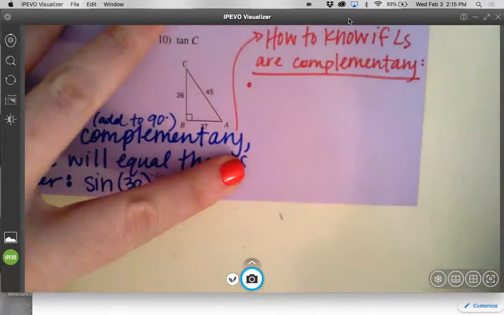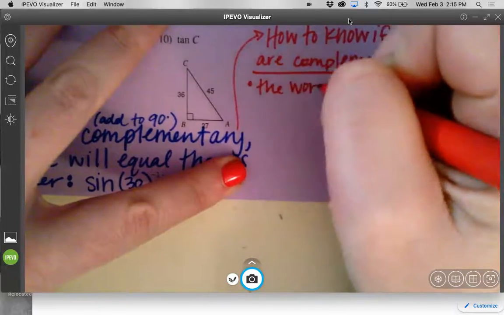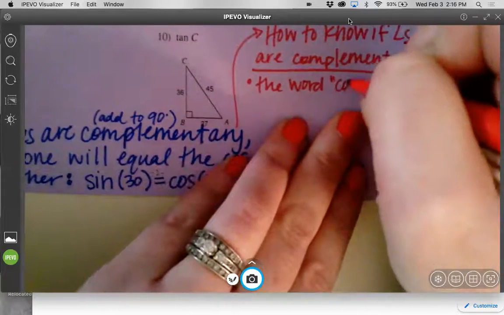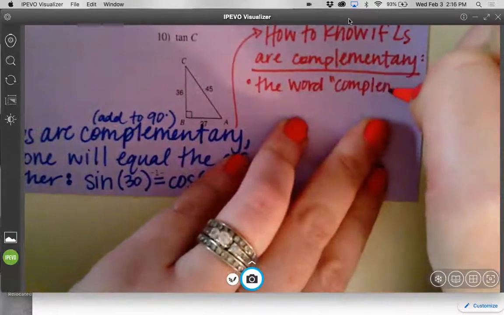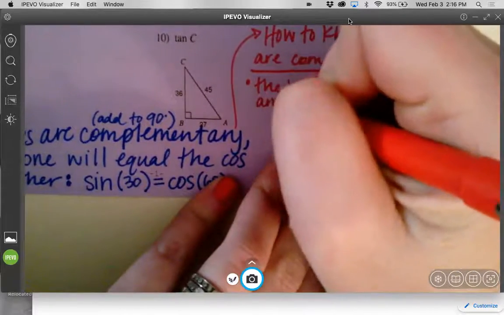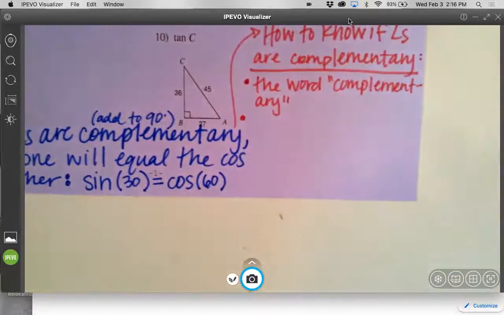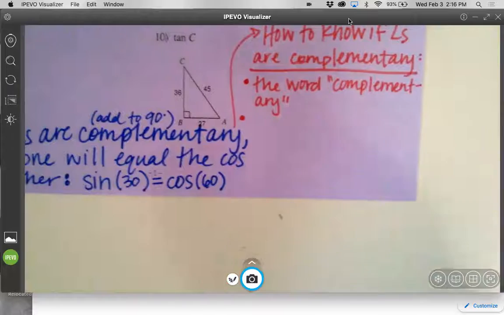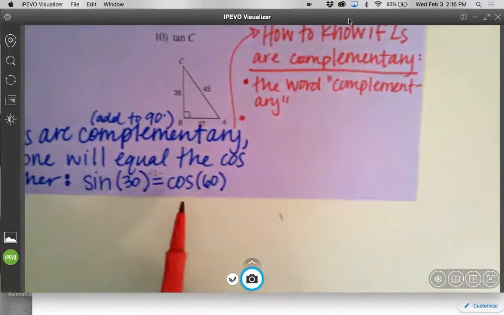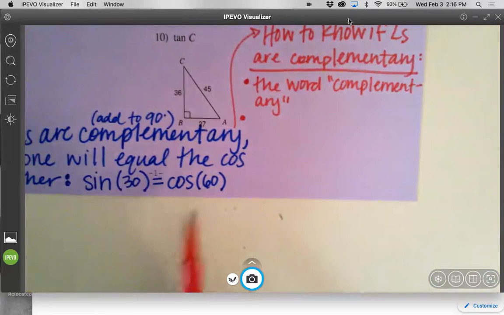First one is, it will say the word complementary. Sometimes that will be in a problem. It will say, if X and Y are complementary angles, which of the following statements is true? And you'll pick the sine of X is equal to the cosine of Y, or the sine of Y is equal to the cosine of X. Okay, so the word complementary.